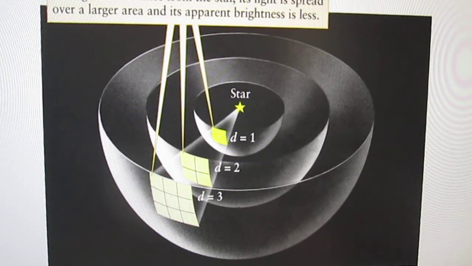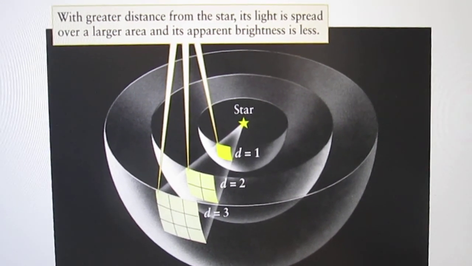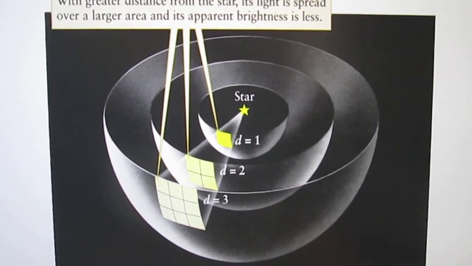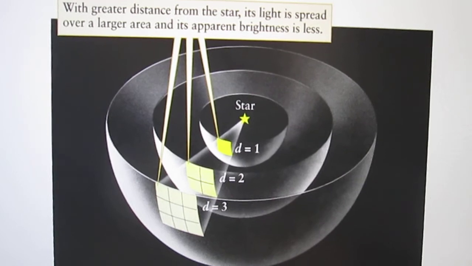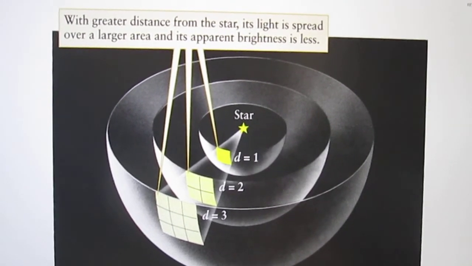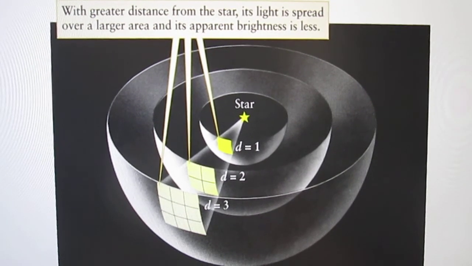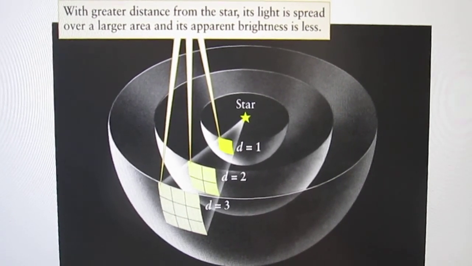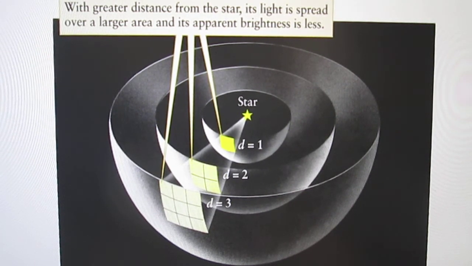In this slide, take a look at the distance d1. That can be, again, in any units you choose. Distance from the star is 1. Notice when you double that distance to where d equals 2, the amount of intensity of light that spreads out into the universe diminishes according to the inverse square law, 1 over d squared.